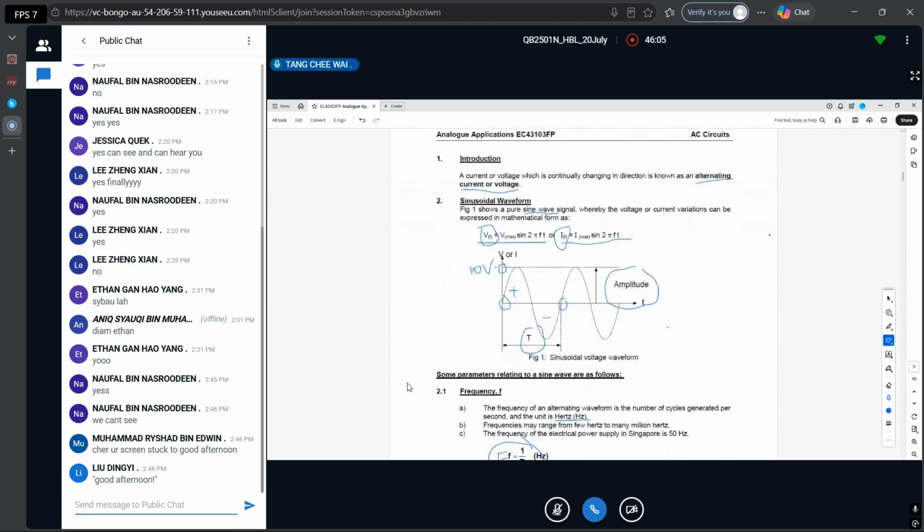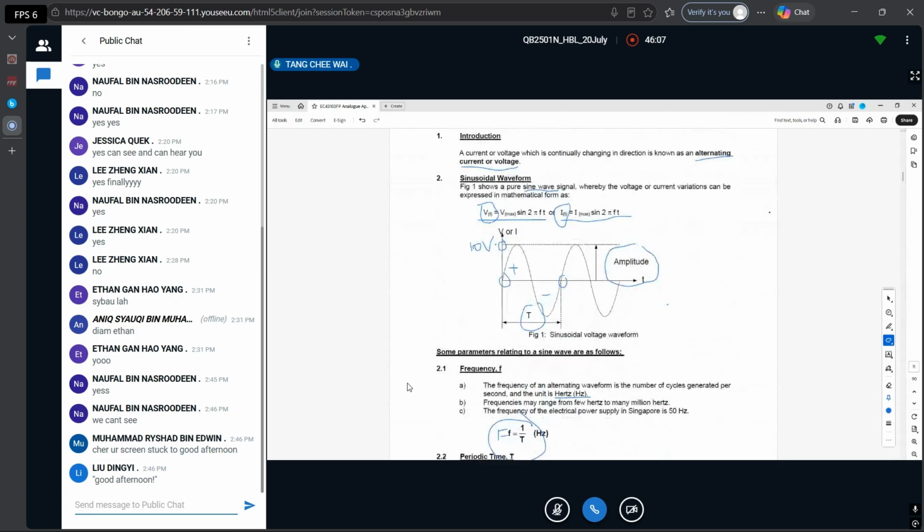We come back to here actually. So this is a general formula for a sine wave or AC waveform. This is voltage, this is current, doesn't matter, both the same. So Vmax sine 2 pi ft, right? This is a generic formula. Are you okay with that first?